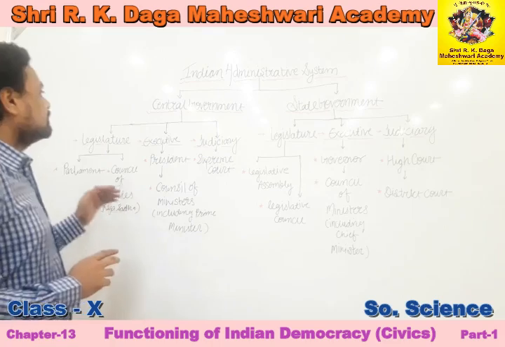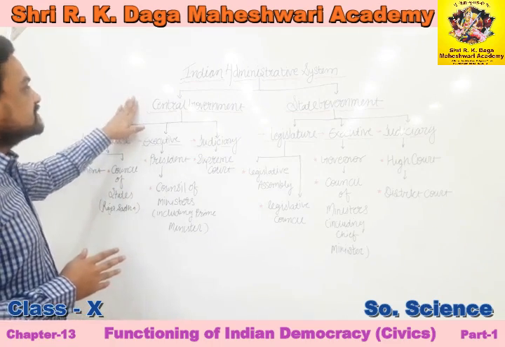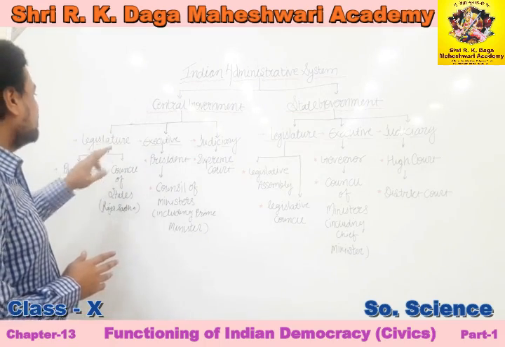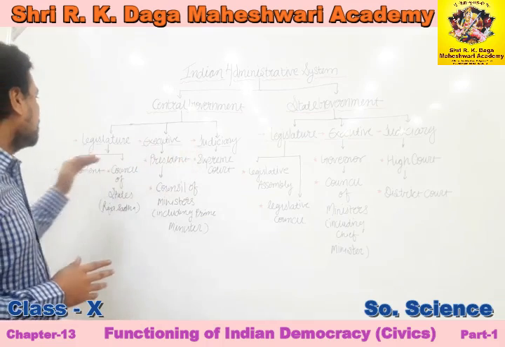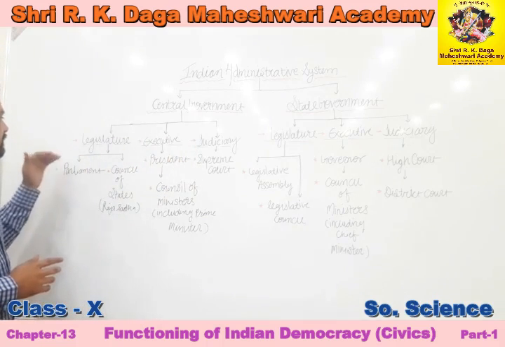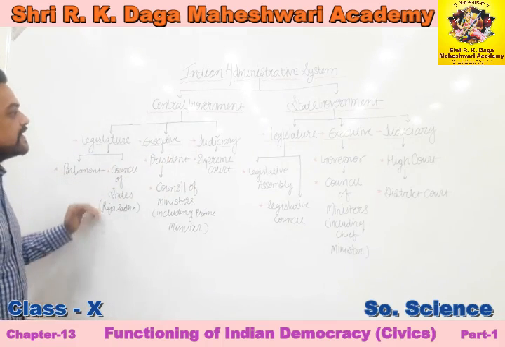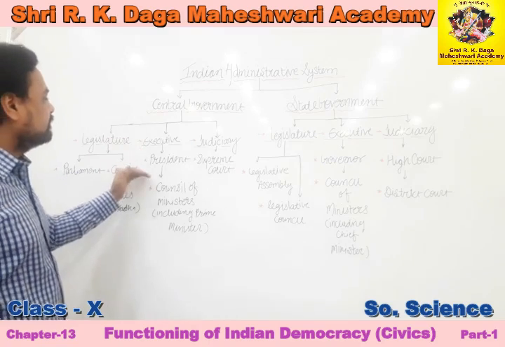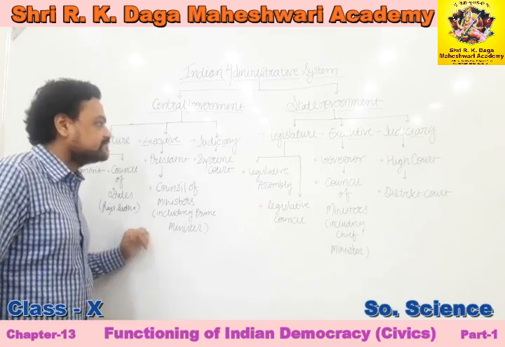Here we can study this topic by this chart. The central government is divided into three parts: legislature, executive and judiciary. The legislature is also divided into two parts, the parliament and the council of states, like Rajya Sabha. The executive is the president and the council of ministers including the prime minister.